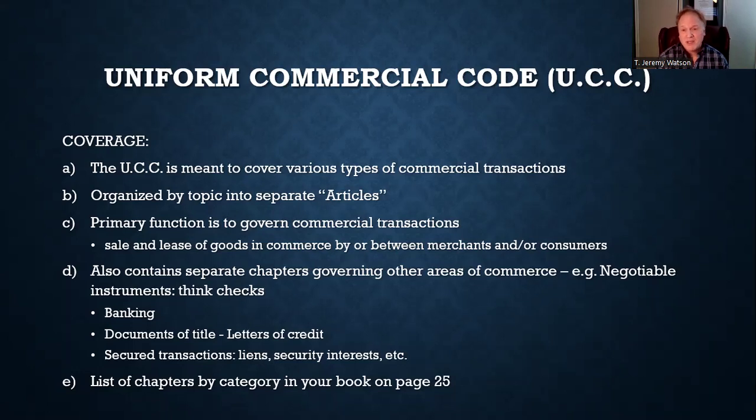Where when you buy something, you give the lender a lien on the thing you're buying to secure that transaction, or you give them a lien in something else to secure that transaction, so that if you don't pay, there's some collateral they can go take, right? So those are all items. There's other issues covered by the UCC as well, but primarily what we're going to be talking about is Article 3 that has to deal with sales.